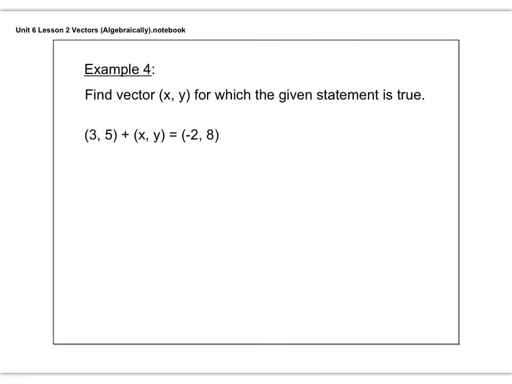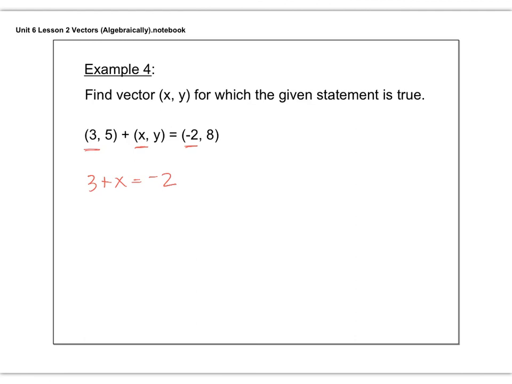There's one more type of problem you'll run into on tonight's homework. It says find vector xy for which the given statement is true. 3, 5 plus xy equals negative 2, 8. So this comes down to just doing basic algebra. We're going to take the horizontal components, which in this case is 3, x, and negative 2, and make a little equation out of those. So it's 3 plus x equals negative 2.